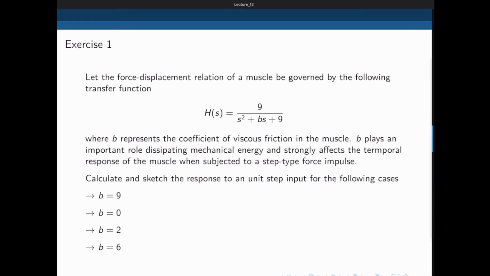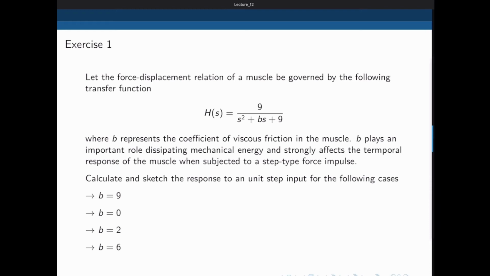The first case would be when b equals 9. So replace b with 9, find the damping ratio, the natural frequency, and then try to find the time response of that. You're dealing with a step input where the input is a step force applied to the muscle, and the output would be the displacement of the muscle itself.